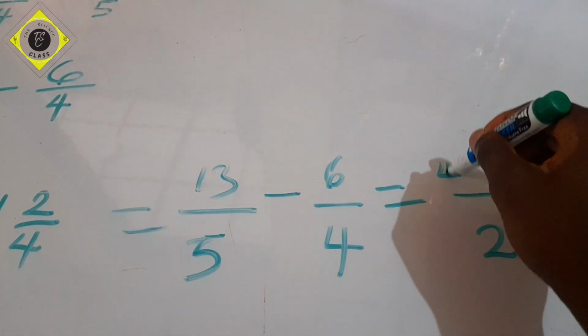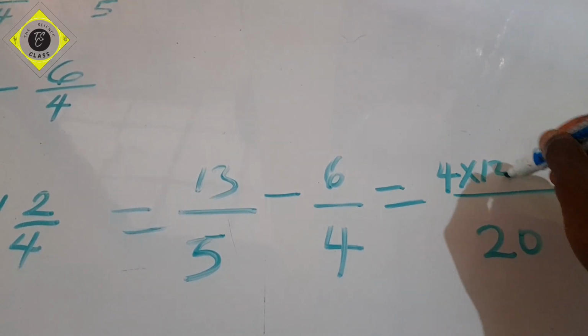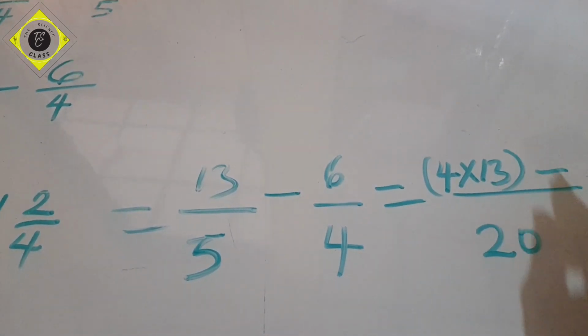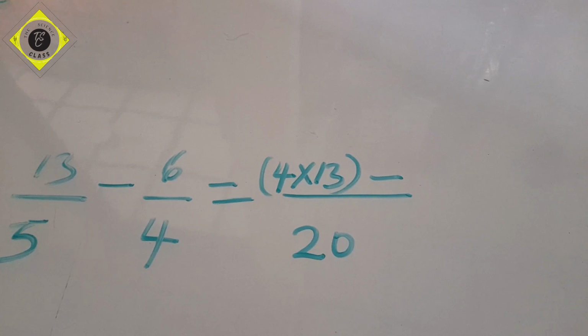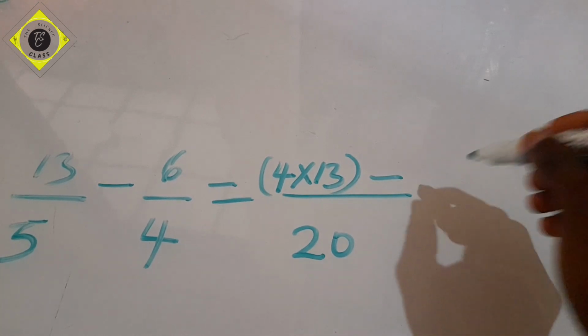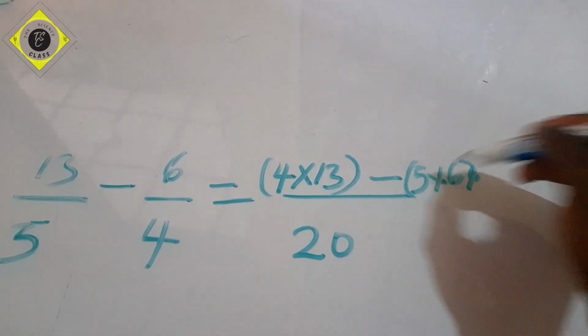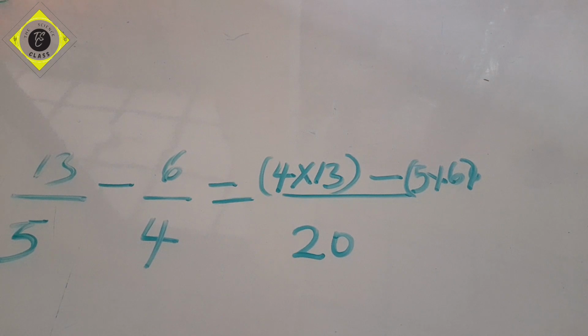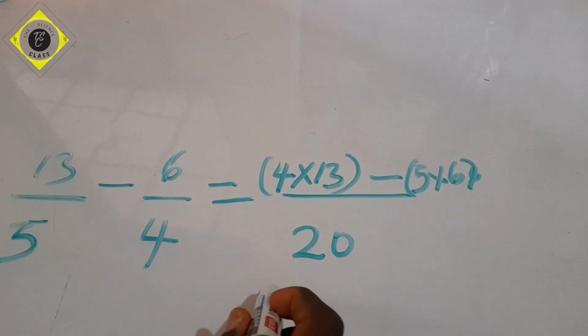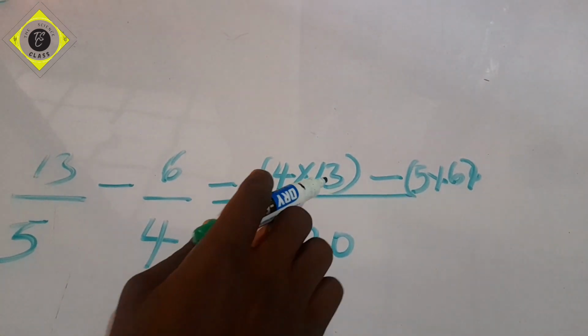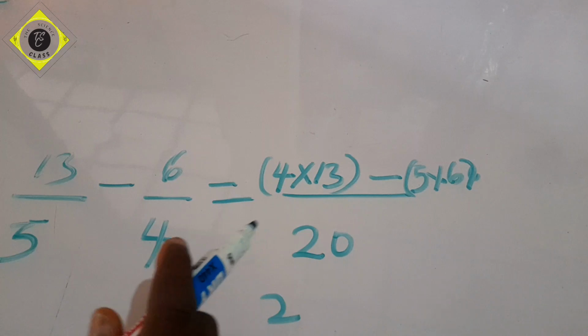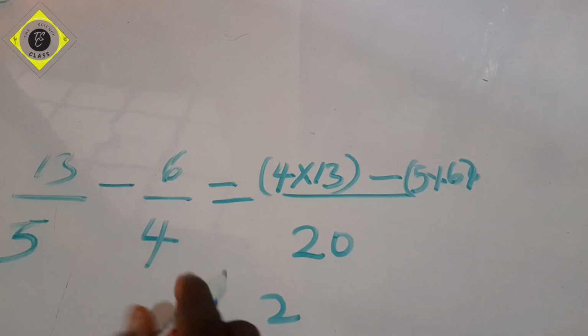So you have 4 times 13, minus 20 divided by 4, which is going to give you 5. So you have minus 5 times 6. So 13 times 4: 4 times 3 is 12, then carry 1. Then 1 times 4 is 4 plus that 1, making 5.